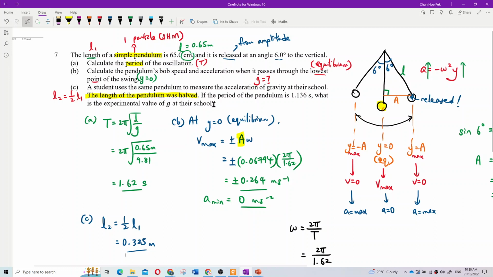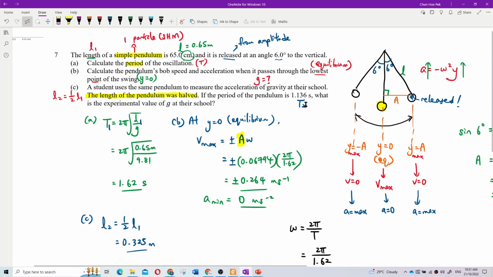So I got length 2, and then I got the period, so I can find G. The period of the pendulum is 1.136. This should be the new period, right? Because the old period is T1, using L1, which gives 1.62.